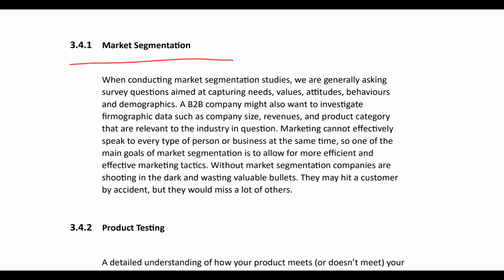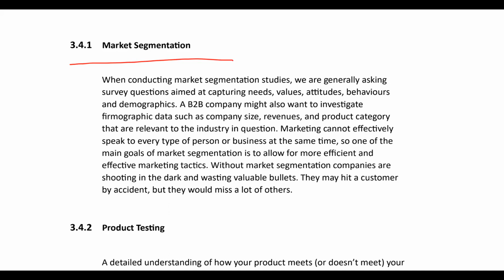We generally ask survey questions aimed at capturing the needs, the values, the attitudes, the behaviors, and the demographics. So when you are asking general questions that hinge around capturing the needs, values, attitudes, behaviors, and demographics, that is marketing segmentation.